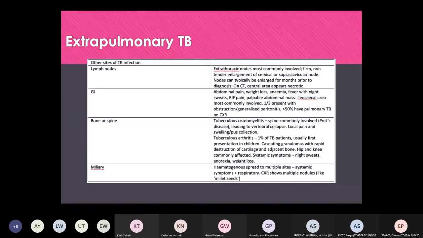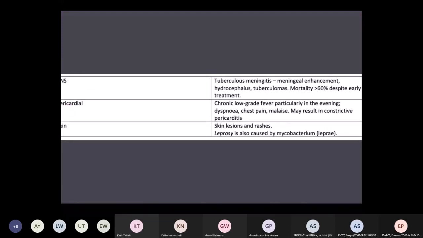Miliary TB we've briefly mentioned, so this is where a person catches TB in the first instance and it's an active infection. You get spread throughout the whole lung field, but also systemic symptoms as well, and that really is quite severe. CNS TB, again, is quite rare. It's often a consequence of untreated pulmonary TB.